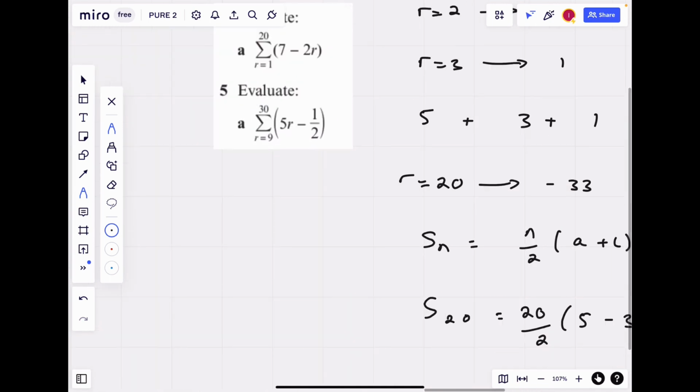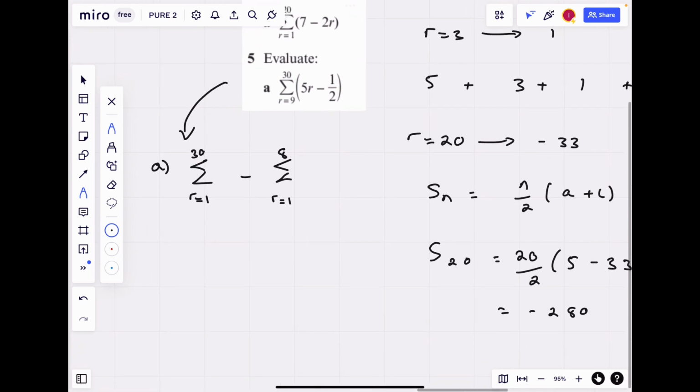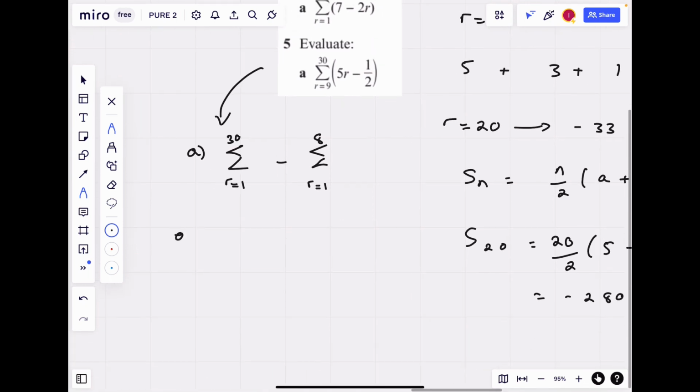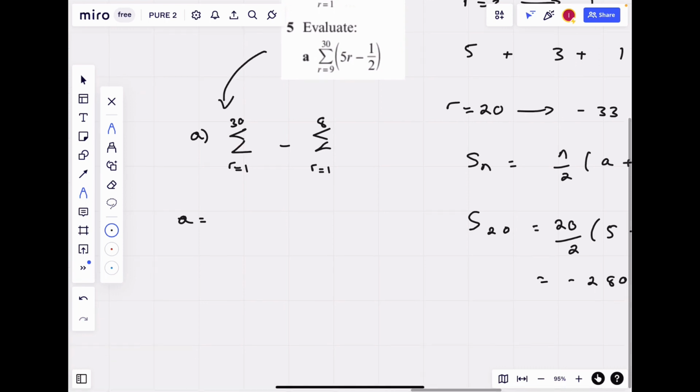Okay, let's try 5a. So in this case, you're going to do 1 to 30 minus 1 to 8. Okay, so we need to first work out the first term. 5 times 1 is 5, minus a half is 4.5. So the first term is 4.5.